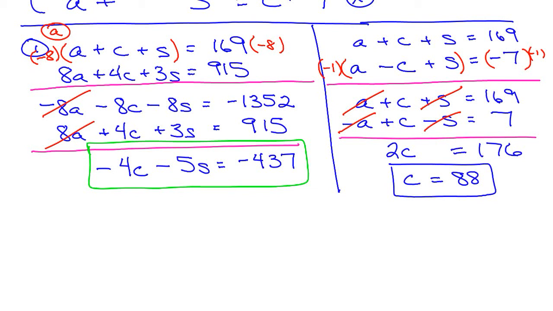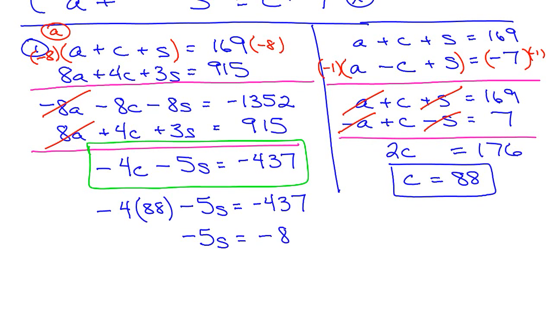Now I can take this value of C and plug it into this equation in the green box. And we get negative 4 times 88 minus 5 times S is equal to negative 437. That gives me 5S is equal to negative 85. And S is equal to 17.